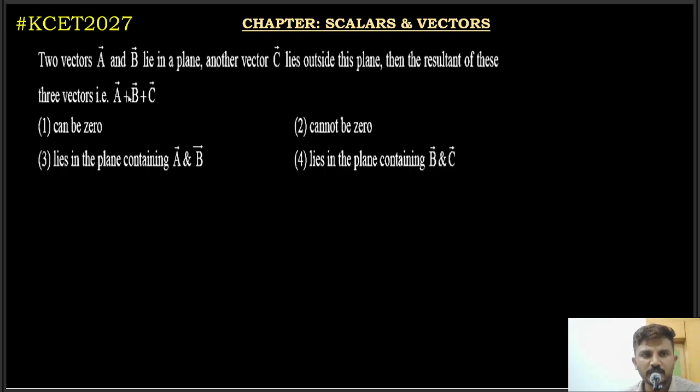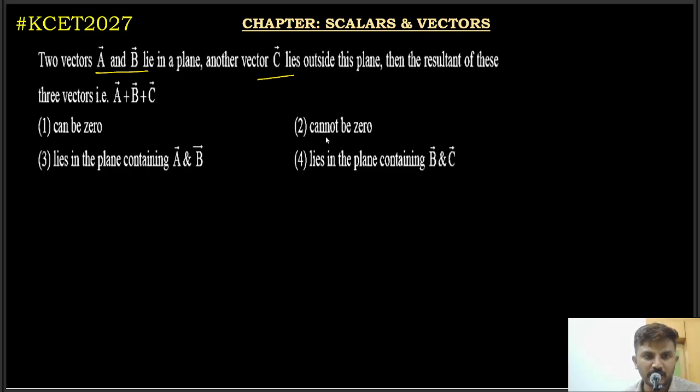Two vectors A and B lie in the plane. Another vector C lies outside the plane. Then the resultant of these three vectors can be 0? Here two vectors are in one plane, but another vector is outside the plane. Then A plus B plus C cannot be 0.